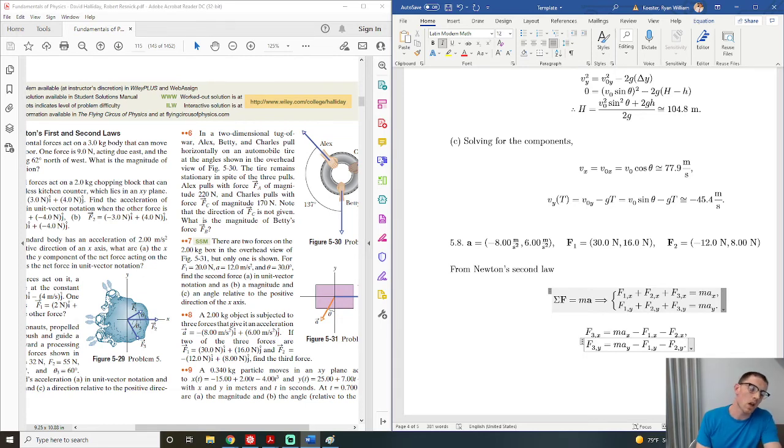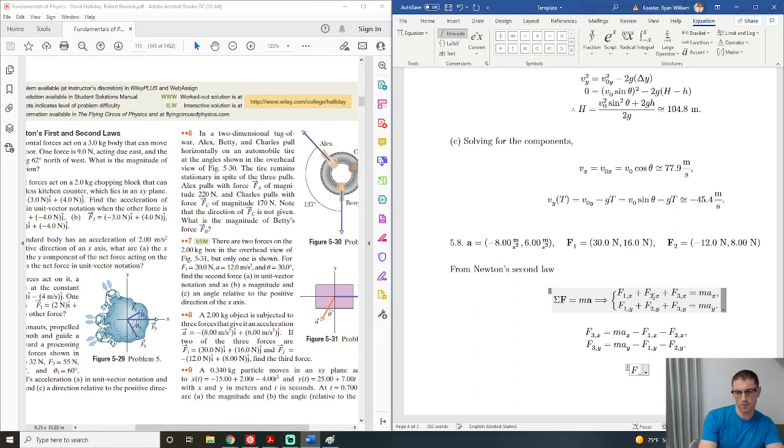And they don't even tell you how to specify the force, so I would say for this one, expressing it as an ordered pair is probably perfectly okay, right? So we would just write that F3 equals F3x, F3y, and these values will just work out to be whatever they are.